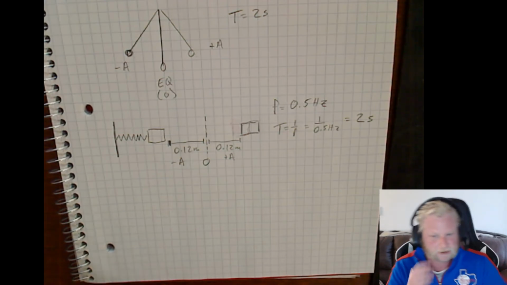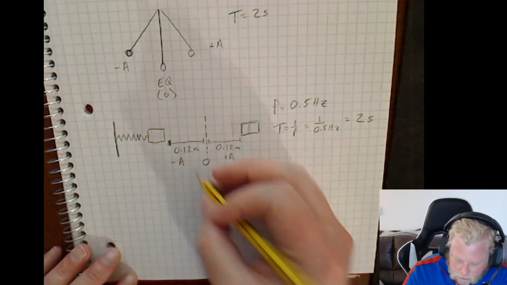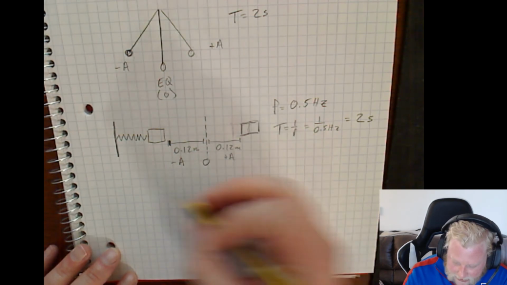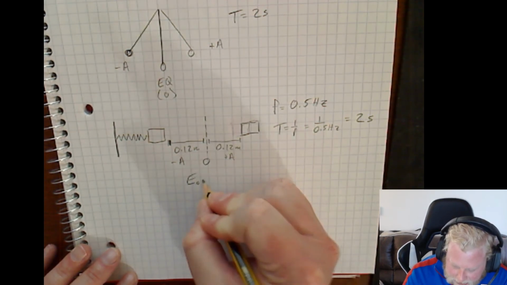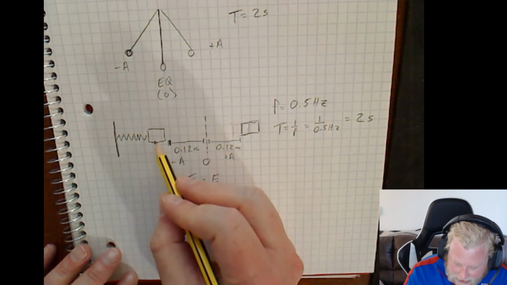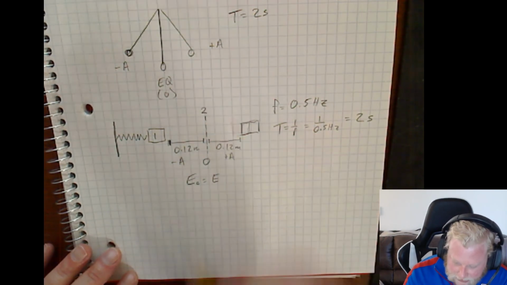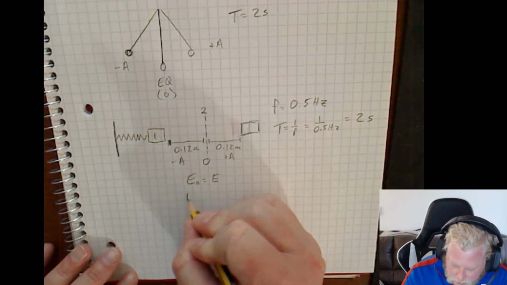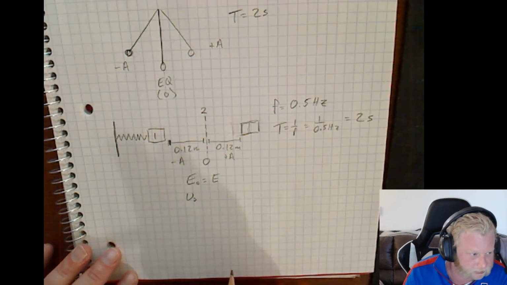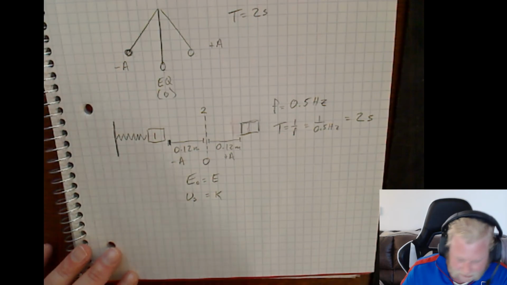So if we want to find the velocity at this point, well, we can use conservation of energy, right, where your initial total mechanical energy equals your final. Well, initially here, we'll call this position 1, and we'll call this position 2. At position 1, you have pure spring potential energy. At position 2, you've got kinetic.